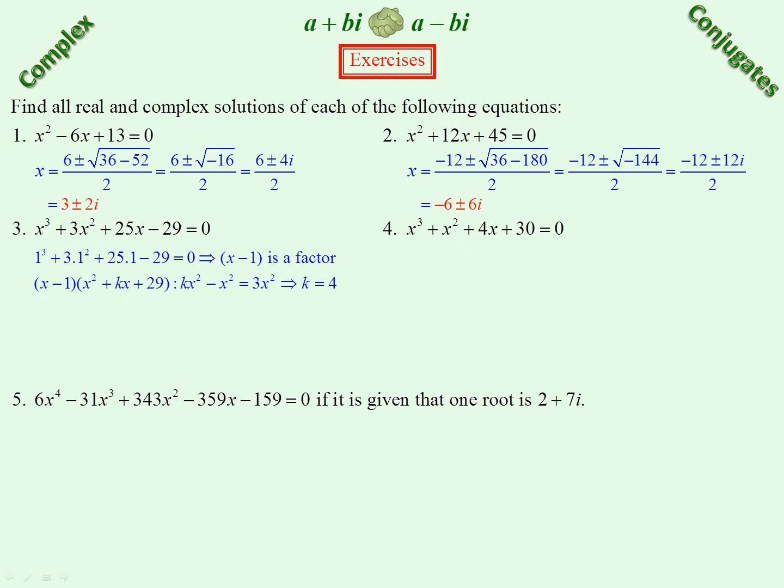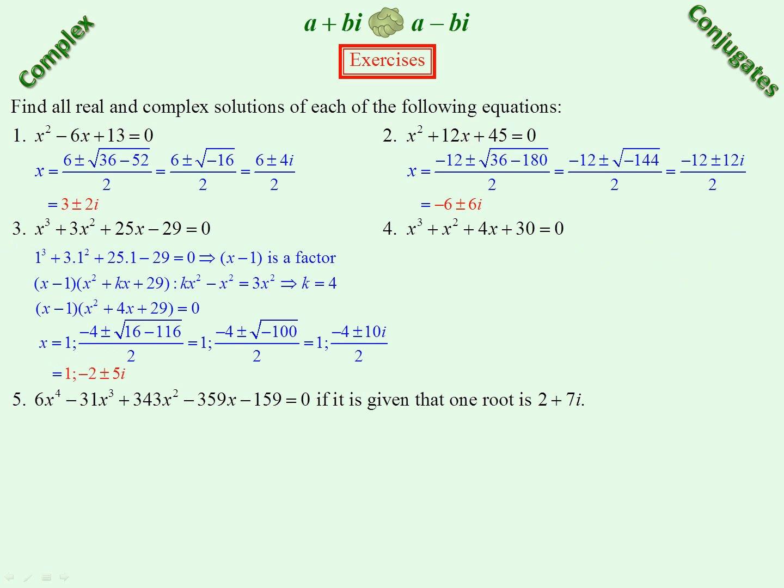Gives us k equal to 4. We can substitute back into the equation. Now we need to solve that one. It'll have to be by quadratic formula. And there are full solutions.